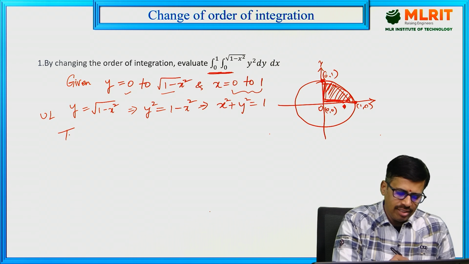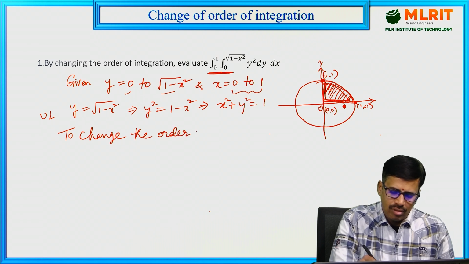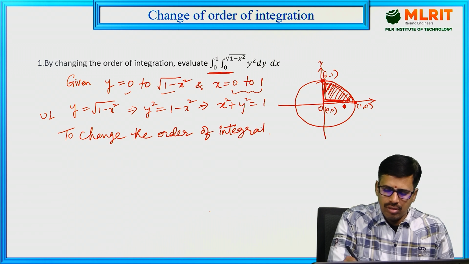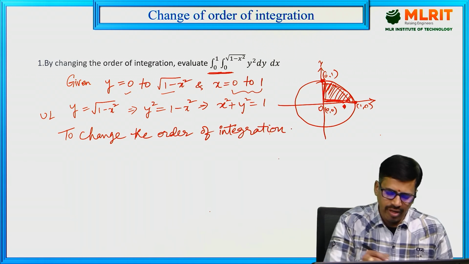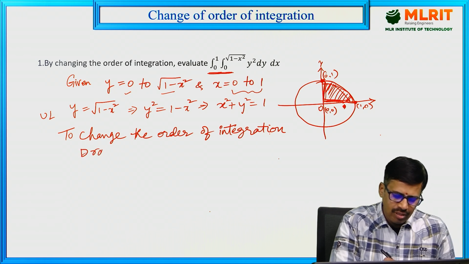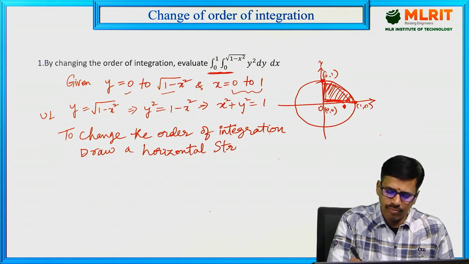So to change the order of integration, given y in terms of x, we need to write x limits in terms of y. For that, draw a horizontal line or a horizontal strip in the region of integration.